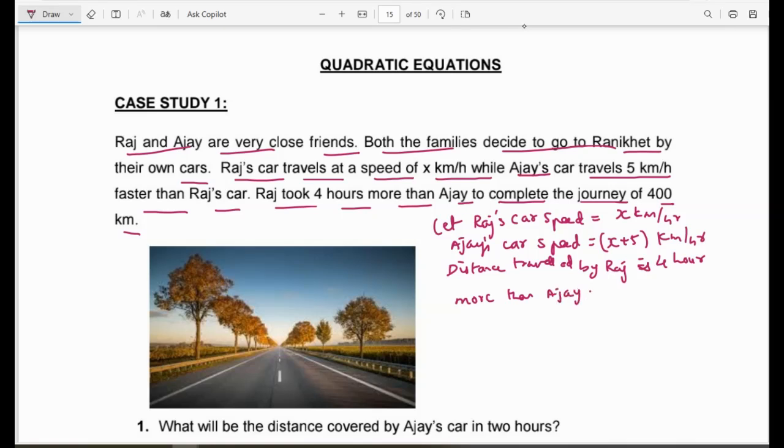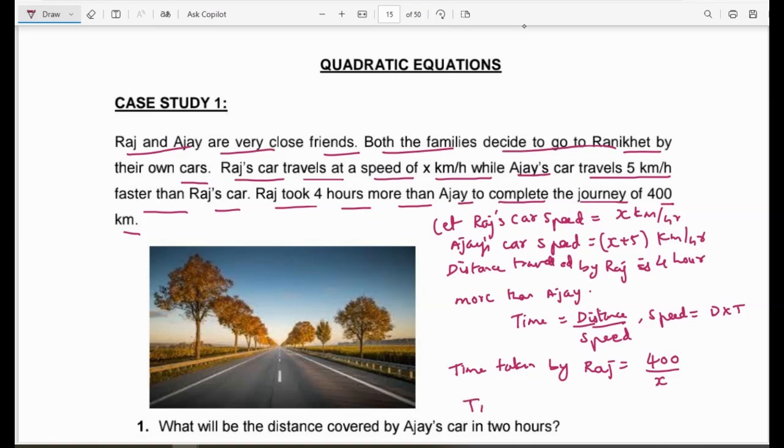So yeah, the formula is time is distance by speed, or we can write speed equals distance by time. Now let us take the time taken by Raj, which will be 400 divided by x, that is distance by speed.